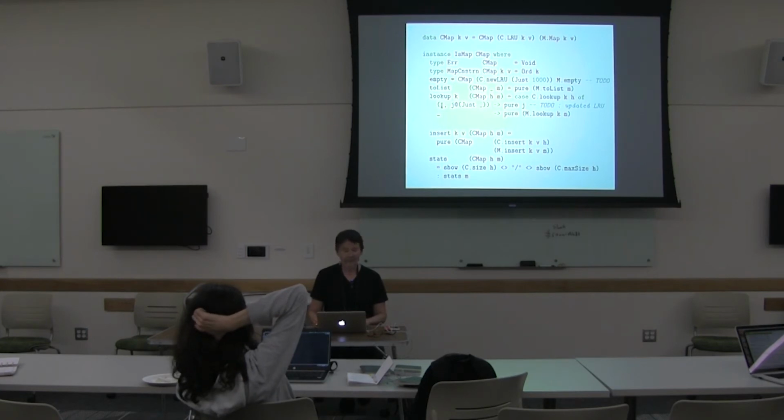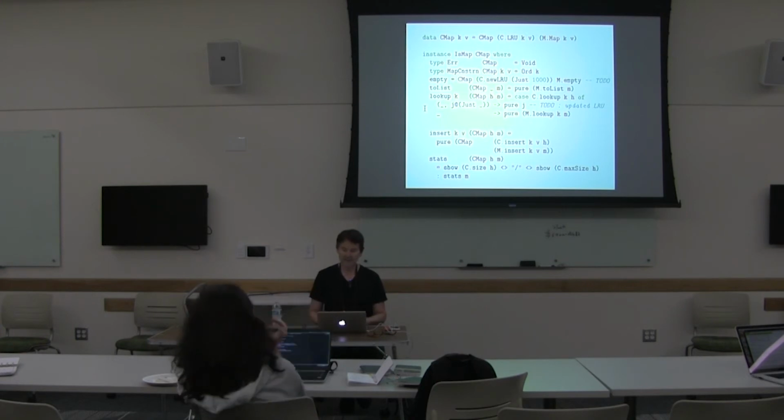I'm ignoring the updated LRU here, and the only reason is because it complicates the return signatures, and it's not particularly germane to the main point I'm trying to get across. But in a real implementation, you definitely want to keep that updated cache. So I cheated. That's the answer to your question.